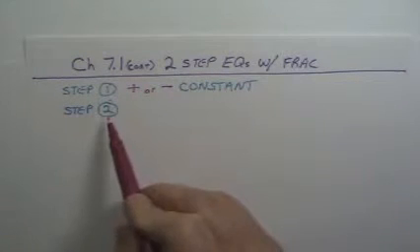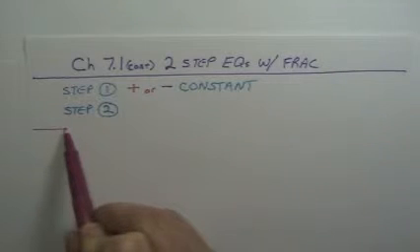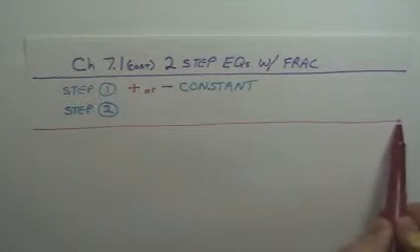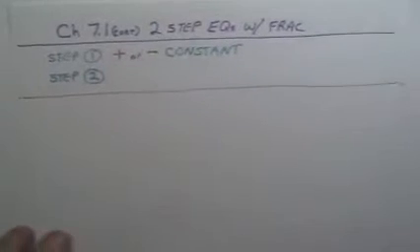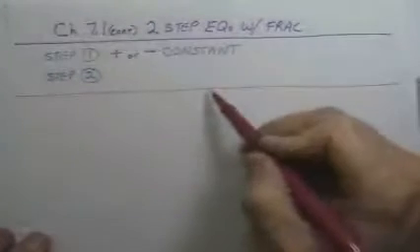Okay, now before we put down our second step, let's draw a line going all the way across underneath those steps. And then let's draw a line going down the middle of your paper.